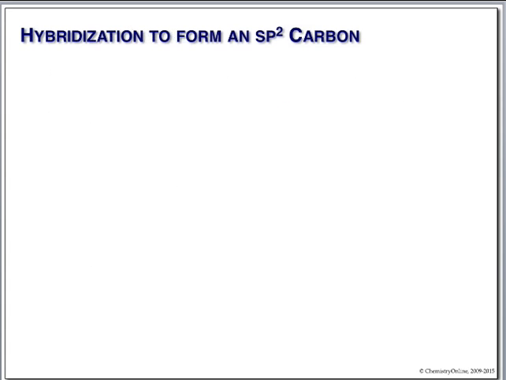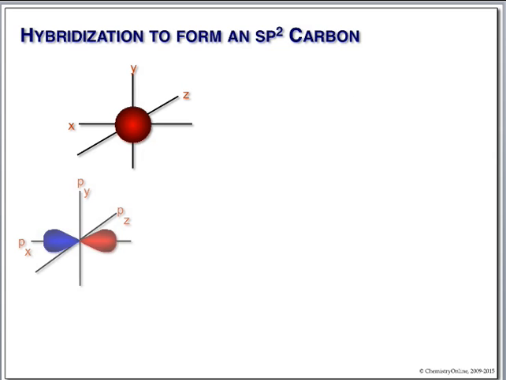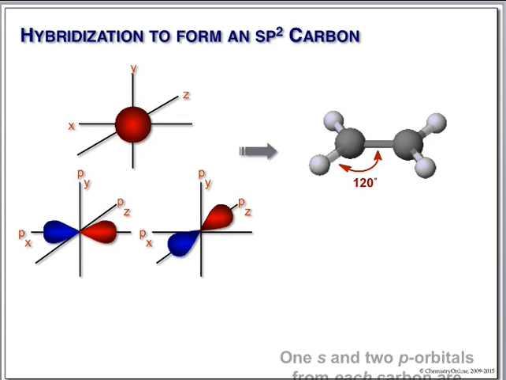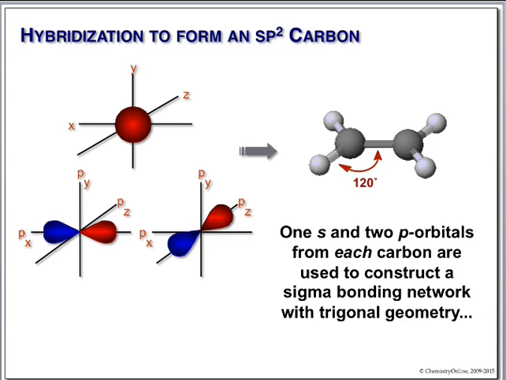Just by review, we construct the alkene this way. We're going to take the electrons from one s orbital and two p orbitals on each carbon. Here's our carbon skeleton. This is our sigma network that we form from our sp squared hybrid. Because it is trigonal, again, bond angles are 120, and it's flat.